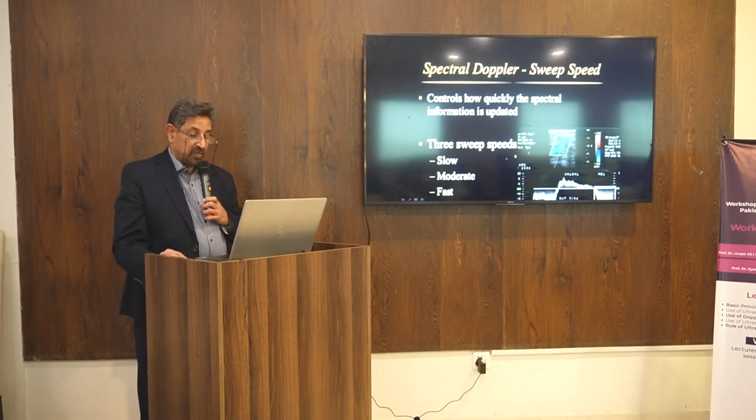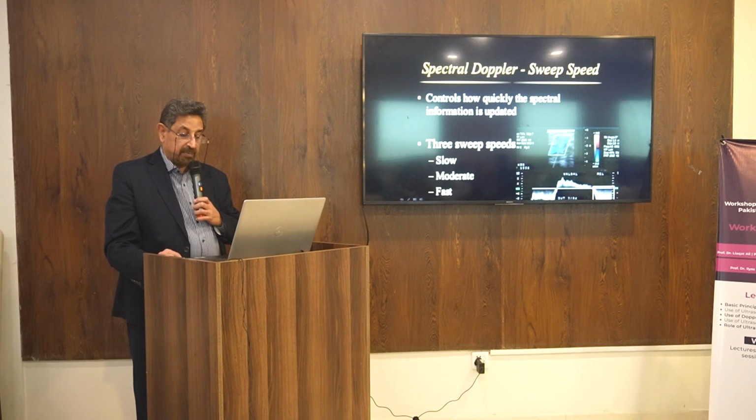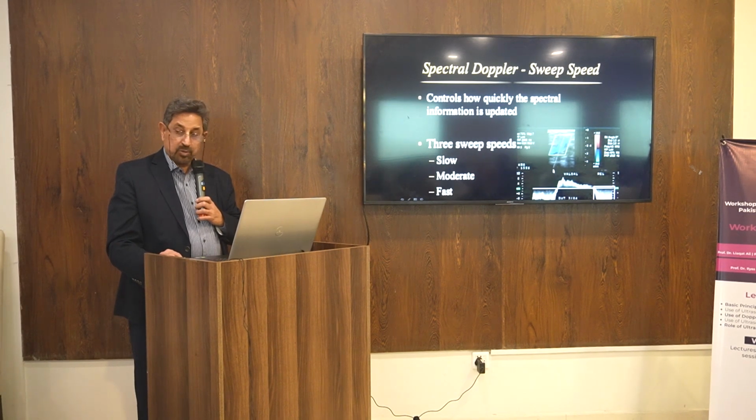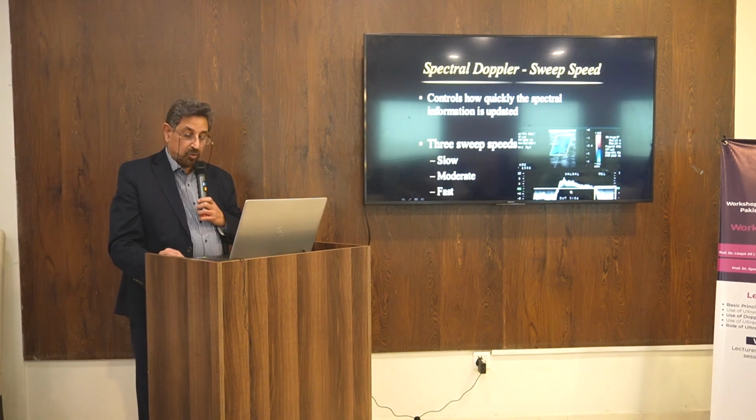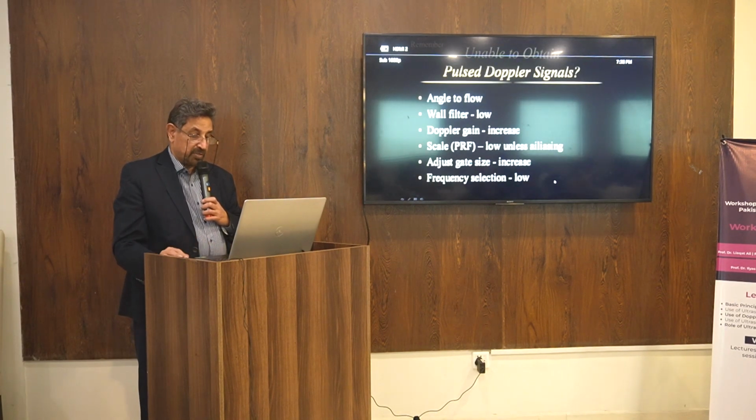If the sweep speed is very slow, we'll have only one segment of the spectrum. The rest of the spectrum won't be there. So it should be fast enough to capture all the three spectrums over there.